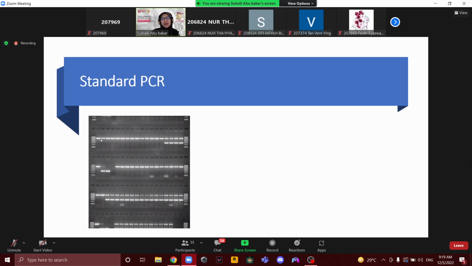They will move from the bigger size to the smaller size. Itu prinsipal dia dalam gel electrophoresis. Okay, then you can see where the PCR product stick or remain there. So that means that is your PCR product size.